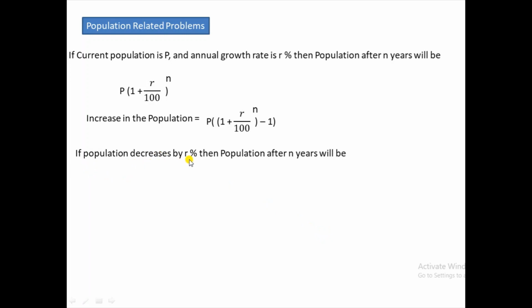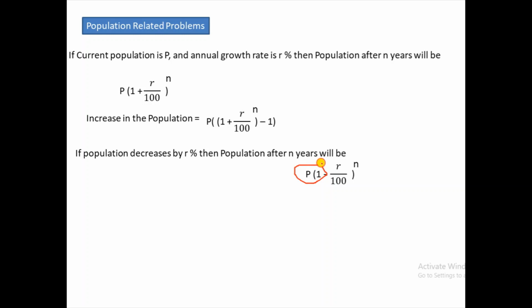So final total population minus original population is going to be the increase in population.